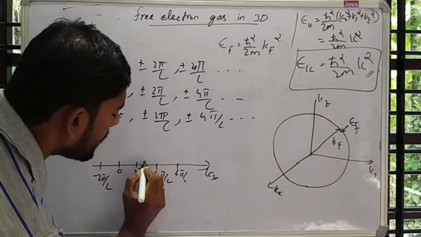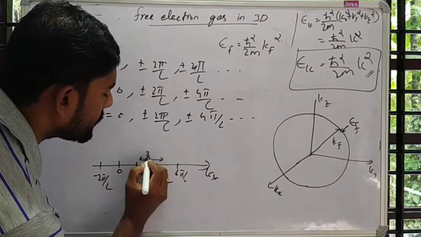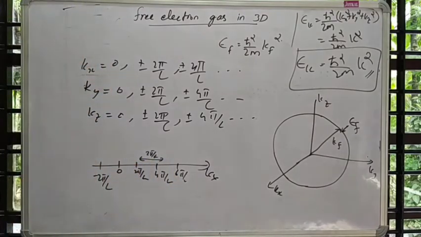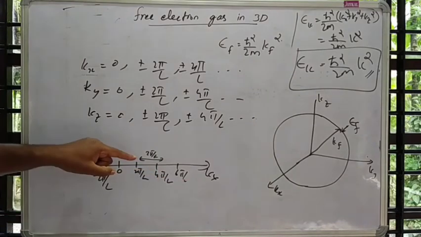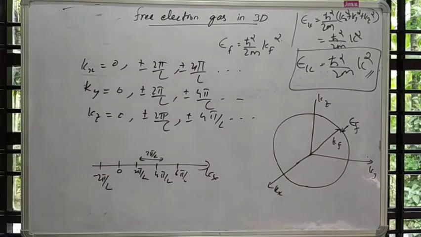That means in the length of 2π/L, there corresponds a kx value. There is a kx value in each length of 2π/L. Okay, in a similar manner, ky and kz also.